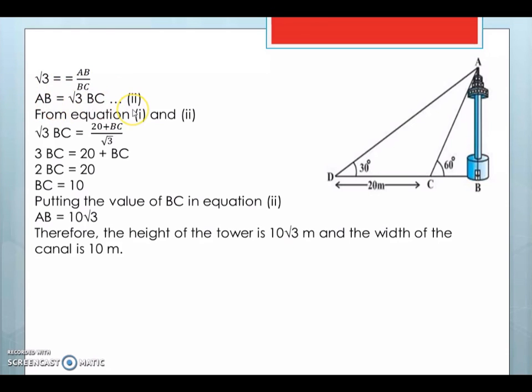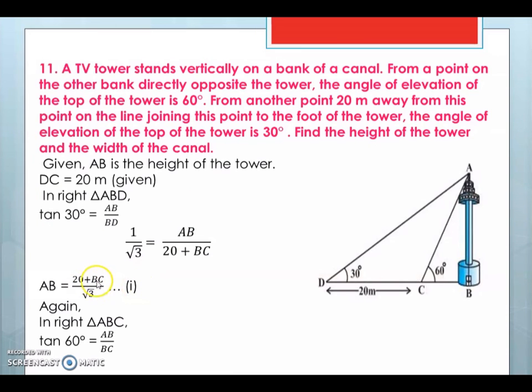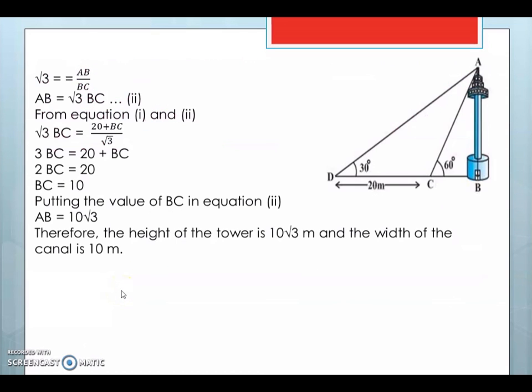So AB is equal to root 3 BC. And this value of AB can be substituted in the next previous one which you have seen here. AB is equal to 20 plus BC by root 3. In this equation, you will substitute the value of AB which you have found from the second equation. That is root 3 BC is equal to 20 plus BC by root 3.